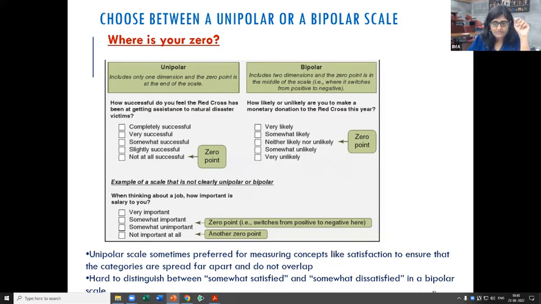This could cause problems in analyzing your data. Okay. Also, if you say you are somewhat successful or somewhat satisfied, it also means you are somewhat dissatisfied. A glass is half full, half empty, right? So then it's not so clear if you should choose somewhat satisfied or somewhat dissatisfied. Again, it depends on your question.